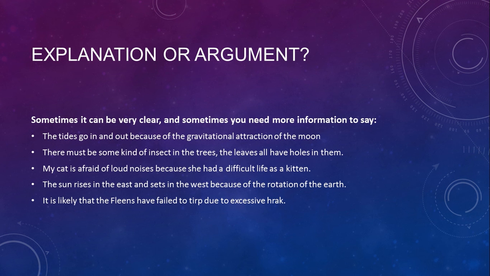They're very afraid of loud noises because they had a difficult life as kittens. So I try to explain to myself, why are my cats so afraid of loud noises? I know that they had a difficult life as kittens. This is something you might not know about them being used to explain an apparent fact about them.